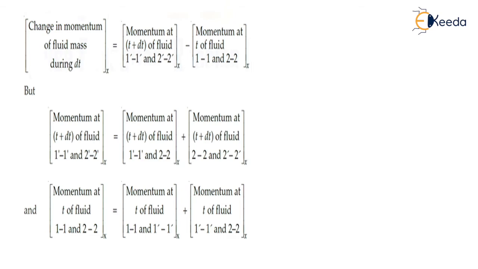But the momentum at time t plus dt of fluid 1-1 dash and 2-2 dash is equal to the momentum at time t plus dt of fluid 1-1 dash and 2-2 plus the momentum at time t plus dt of fluid 2-2 and 2-2 dash. And also the momentum at time t of fluid 1-1 and 2-2 is equal to the momentum at time t of fluid 1-1 and 1-1 dash plus the momentum at time t of fluid 1-1 dash and 2-2.